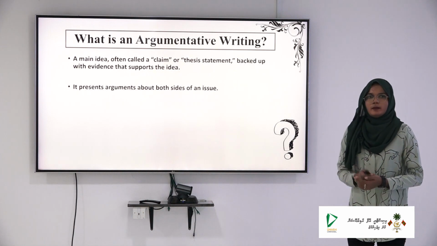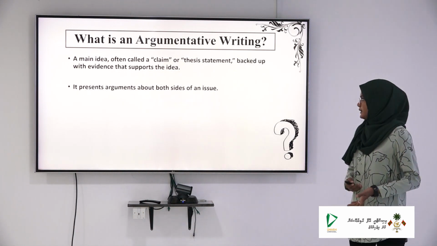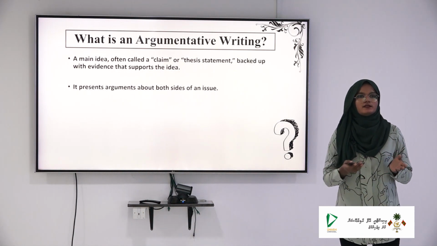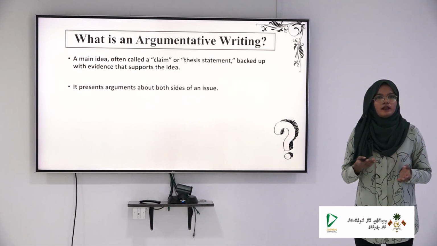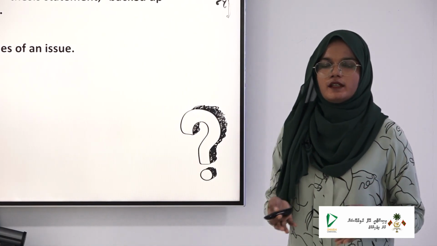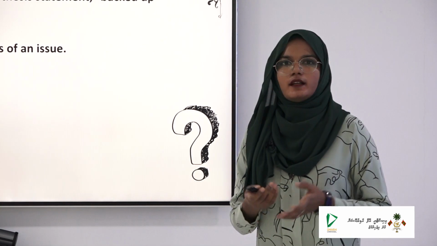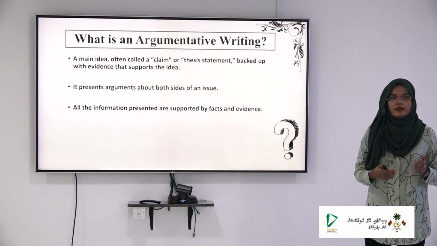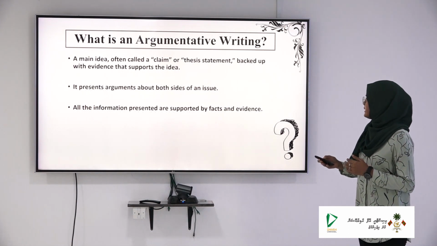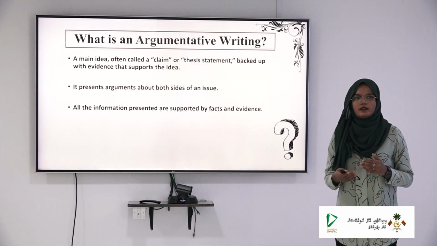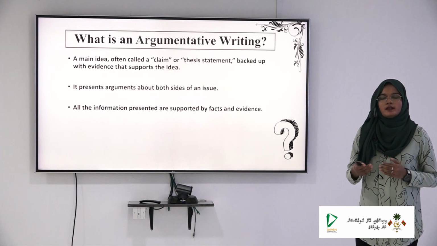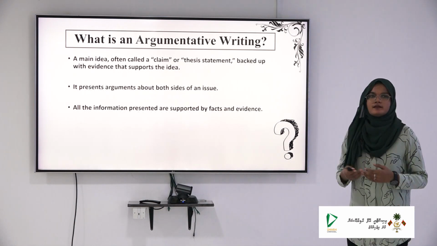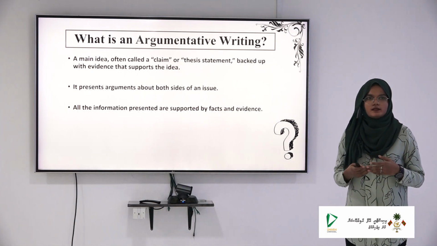Now, an argumentative writing presents the arguments about both sides of an issue. For example, an advantage or a disadvantage would be presented while you're writing an argumentative writing. The next thing is all the information is presented by facts and evidence. It is not evident to base an argument without any facts and evidence.